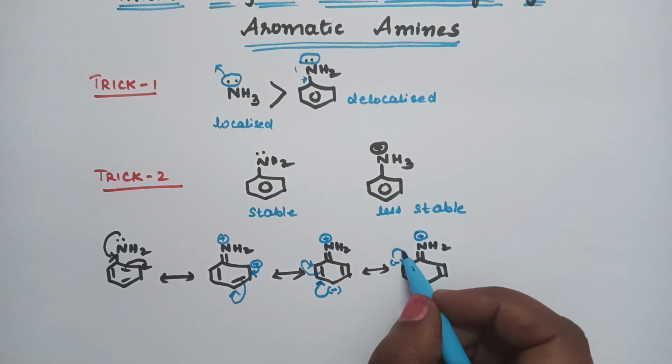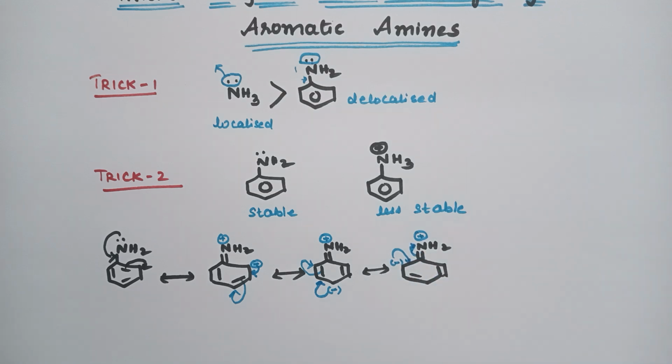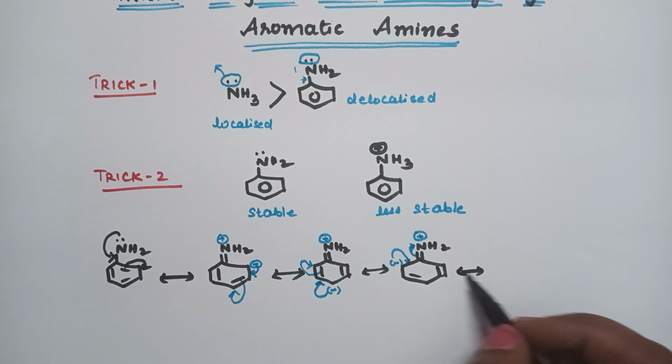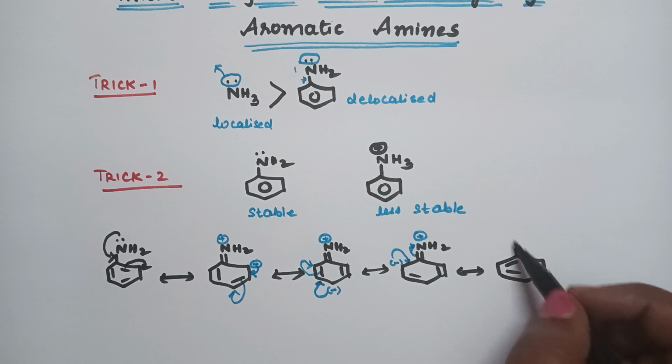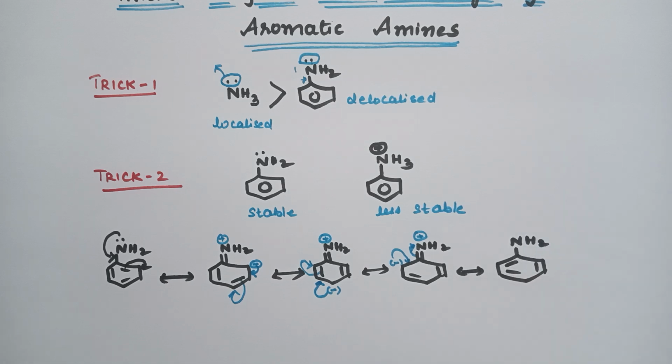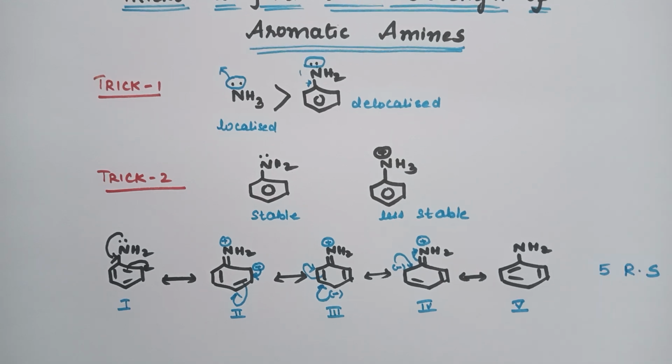In the next step, the negative sign will shift here and then the double bond will shift back. So you will get NH2. How many resonating structures are we getting? This is 1, 2, 3, 4 and 5. So totally there are 5 resonance structures for aniline.